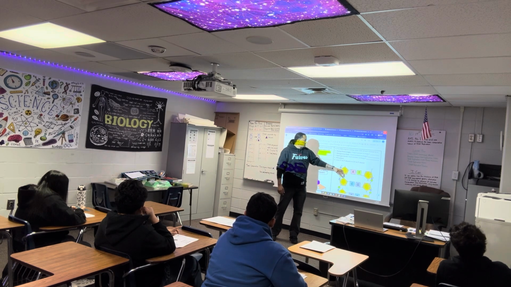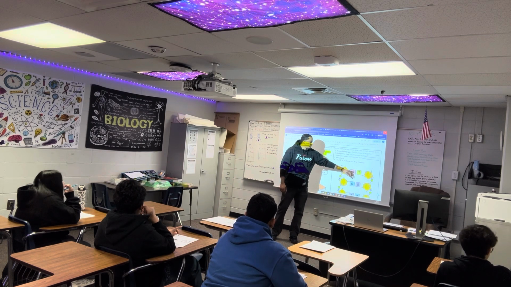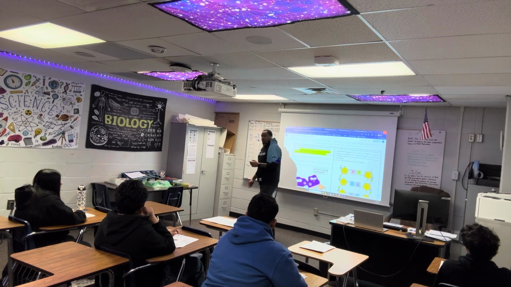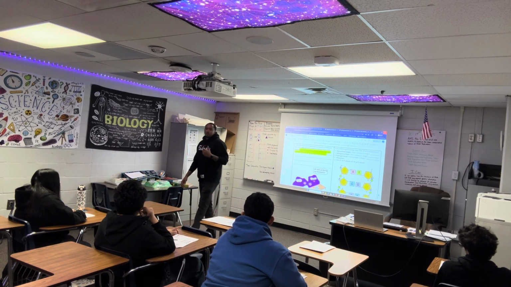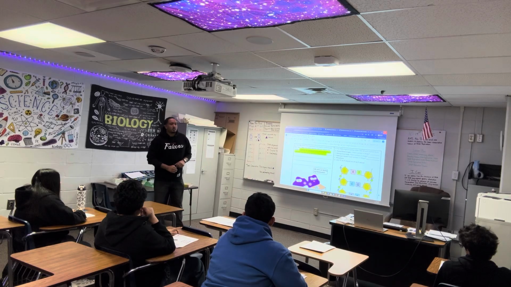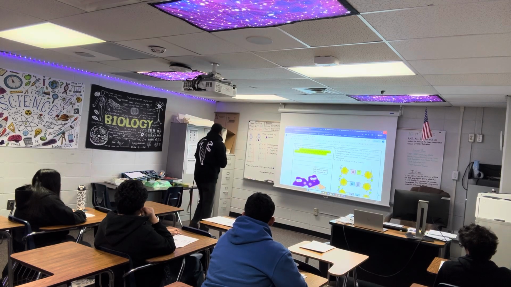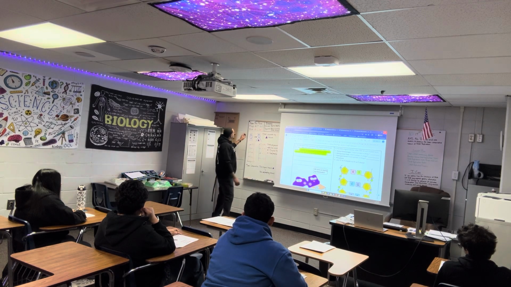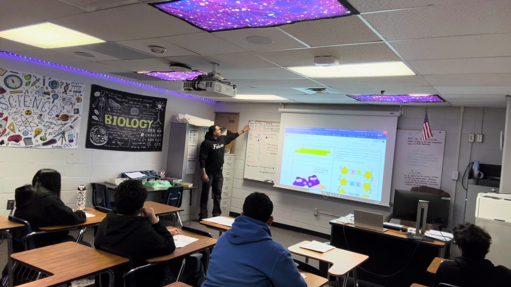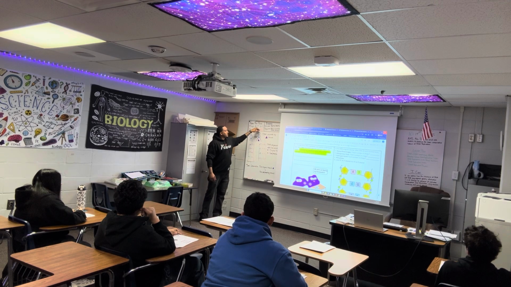We have a deoxyribose sugar, and then in the middle, this ladder part that we see is really nitrogenous bases, okay? So what we need to remember is when we are talking about DNA, we have two pairs that we have got to remember, all right?